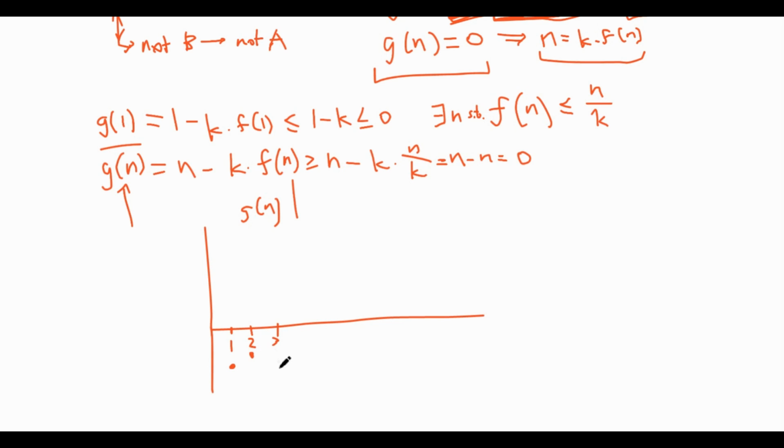At 3, it might be back over here again, at 4, up here again, but all the way to that specific n where the point is up here. So since it can increase by at most 1 each time, at some point it has to hit the 0 point before going up to reach this g of n point. So this is the point we're trying to find, where g of n equals 0.